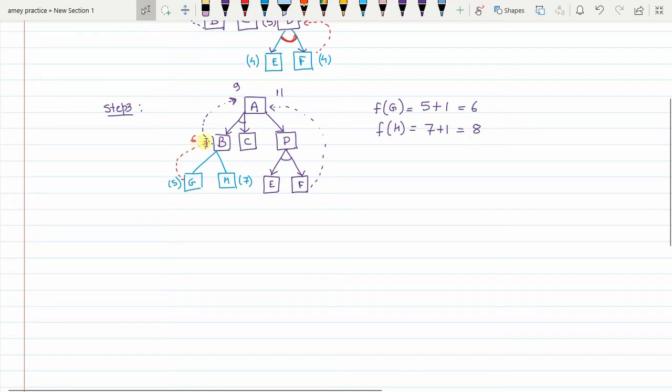right? Now, although the new F value obtained at B is 6, remember that this is an AND arc. Now we have just solved B. C also has to be solved.